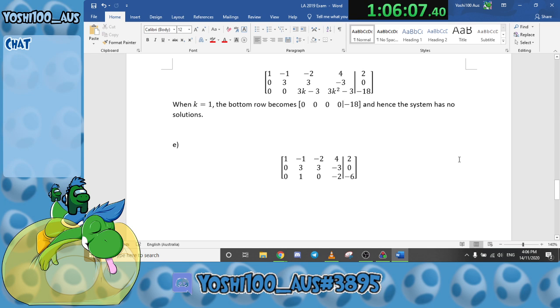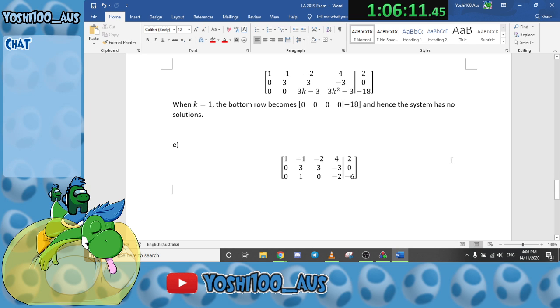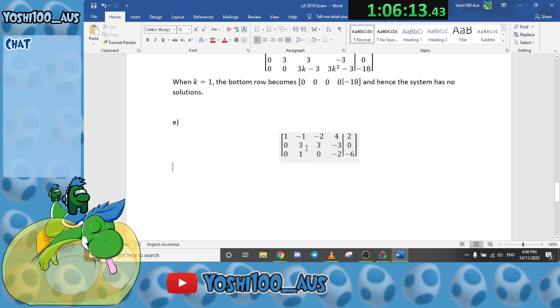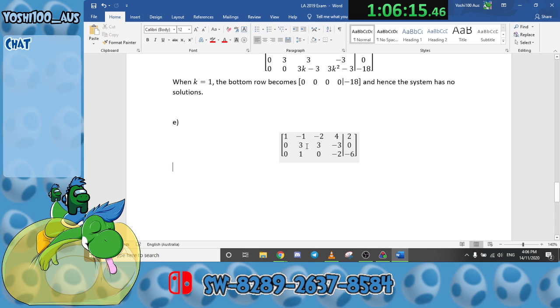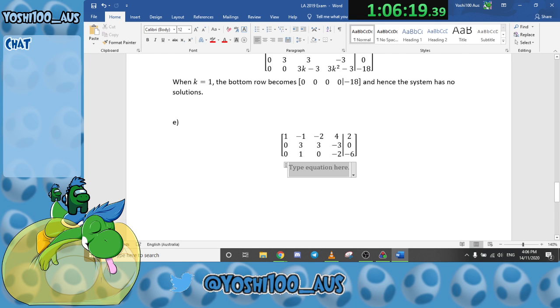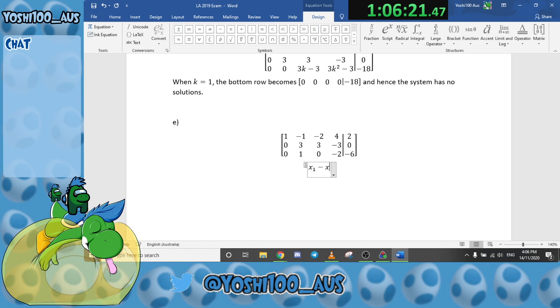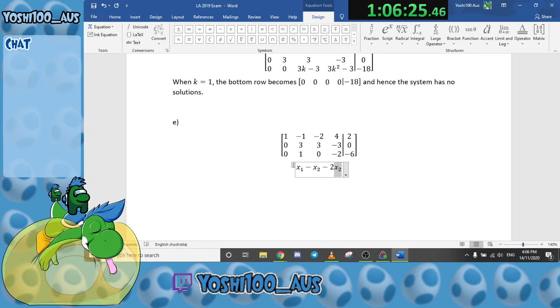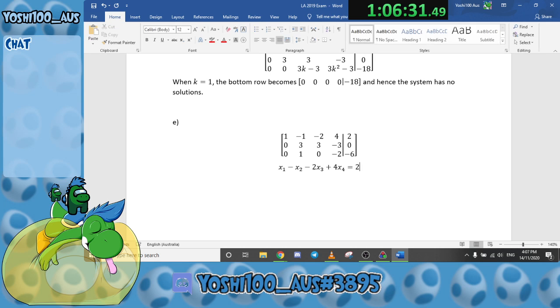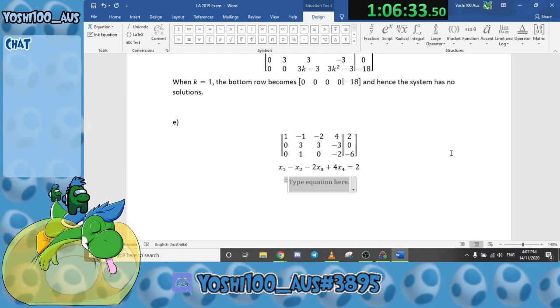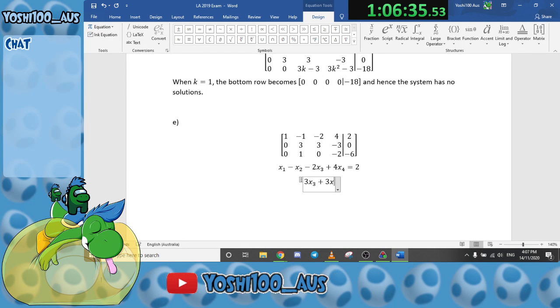Okay. Do we want to reduce further, or can we even? I don't know. You know what? I think I'm just gonna write these as the equations. Take x2, because we can just set up our free variables, and then from there we'll just work on it. Plus 4x4. Ooh, 4x4 equals 2. 3x3 plus 3.